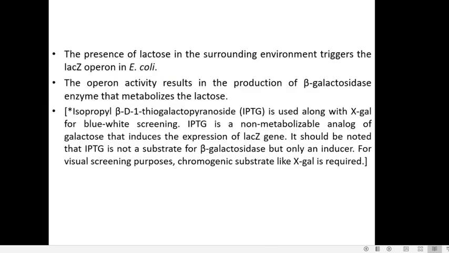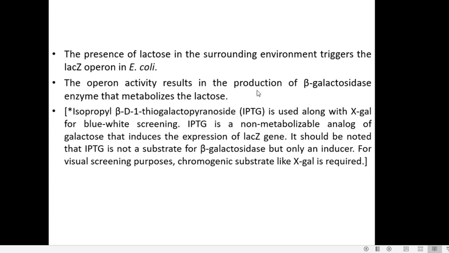Now we will just go to one more requirement in the medium. Beta-galactosidase is a part of the lac operon in E. coli and it is the operon activity that results in the production of beta-galactosidase, an enzyme that metabolizes lactose. So for inducing this lac operon, we require an inducer in the medium and that is lactose.